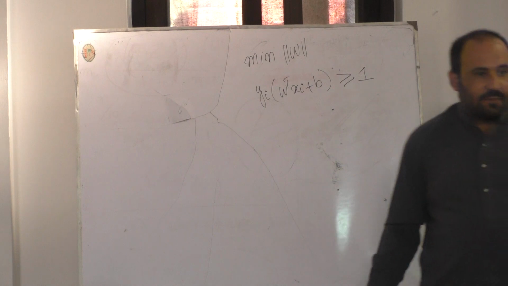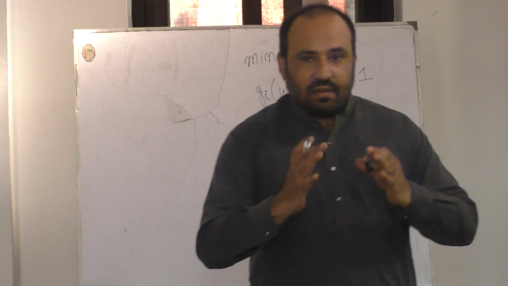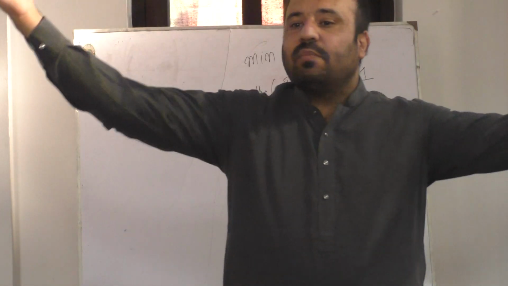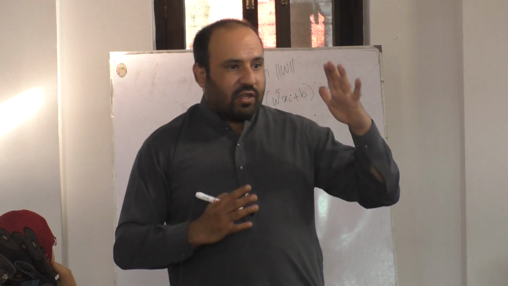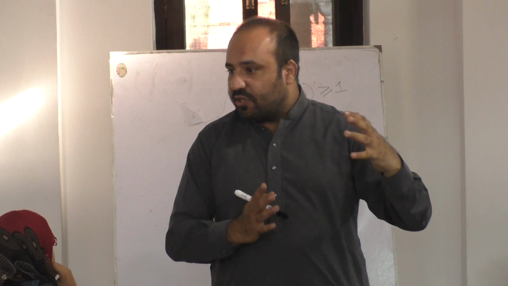अब ये ध्यान से देखिएगा. Let's say there are 5 possible planes: W1 B1, W2 B2, W3 B3, W4 B4, W5 B5, and we want to choose one of them. Yes? So for the very first plane, W1 B1, we pick its margin. We see its margin.